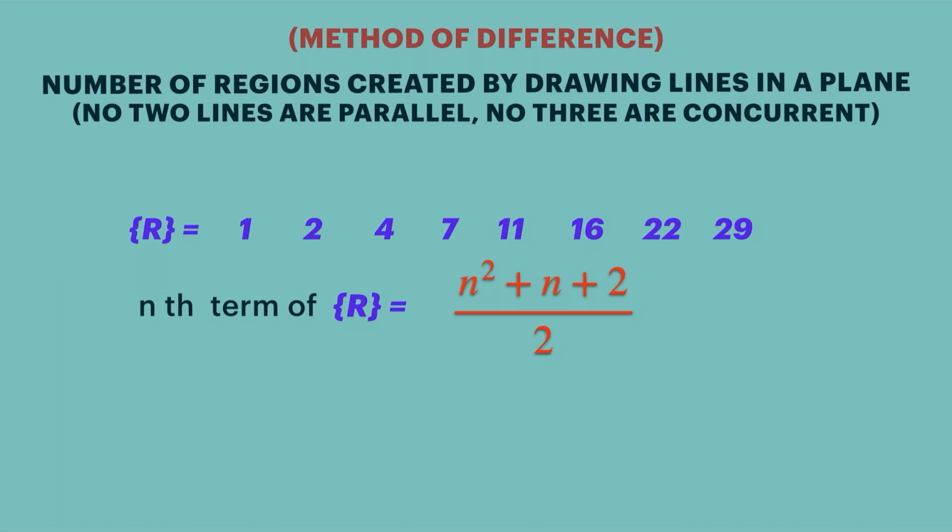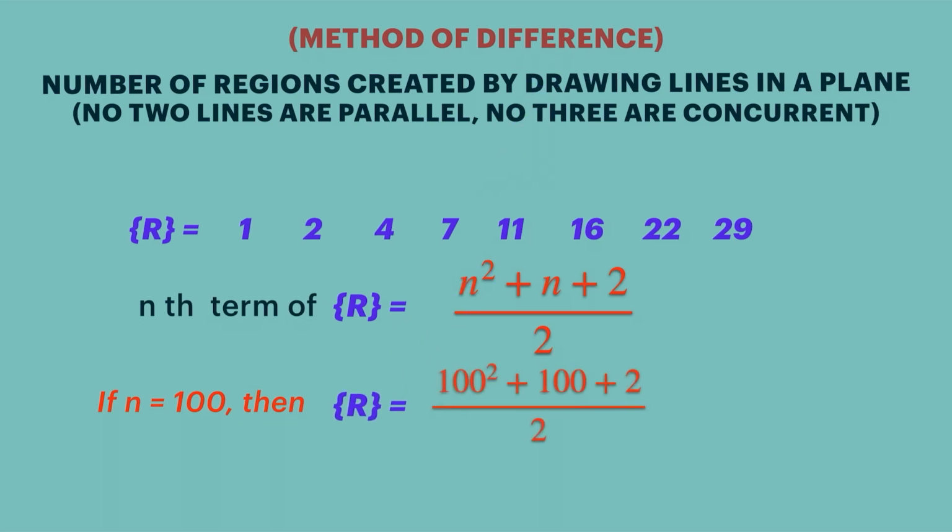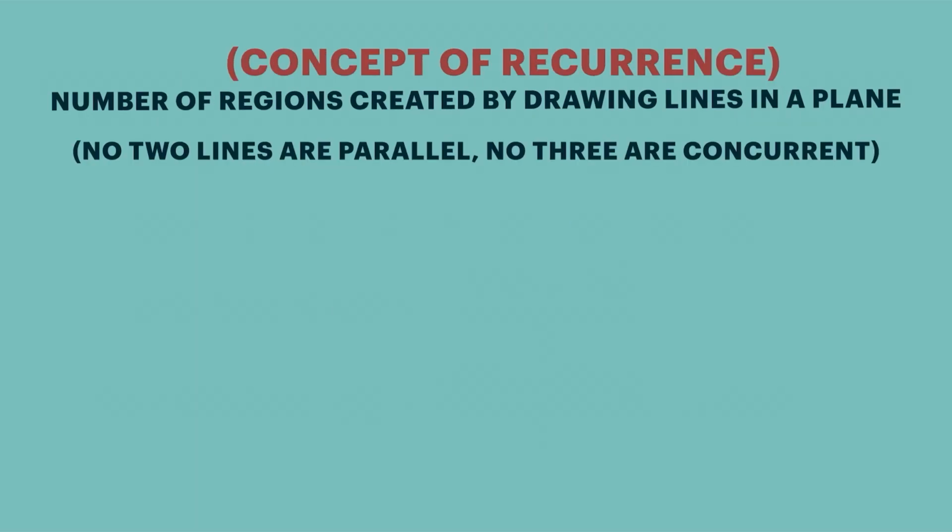And if we put the value n equal to 100, then we get the value of the number of regions, that is 100 square plus 100 plus 2 by 2, that means 5051. So this problem is solved by applying difference method.